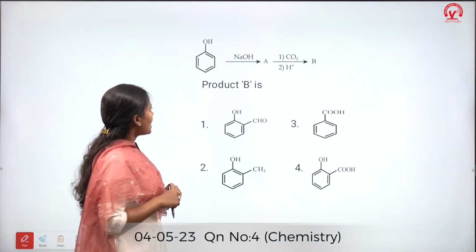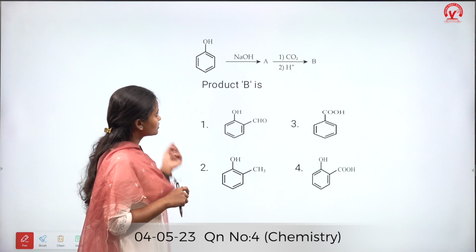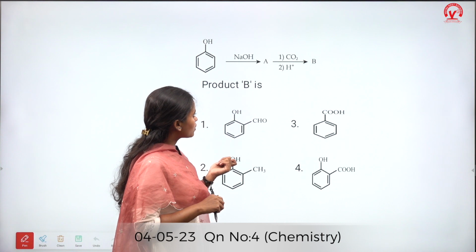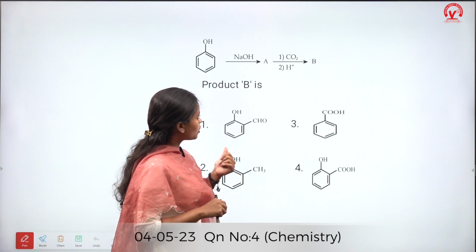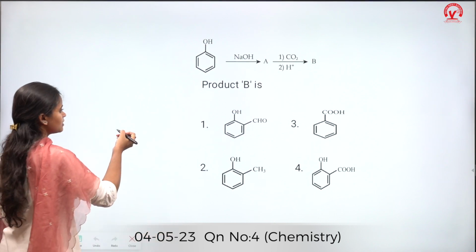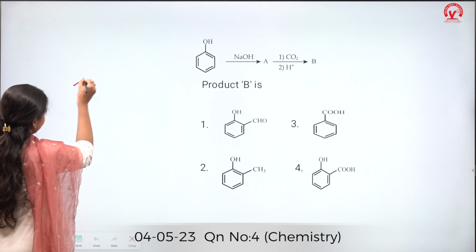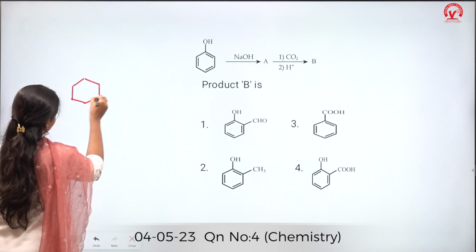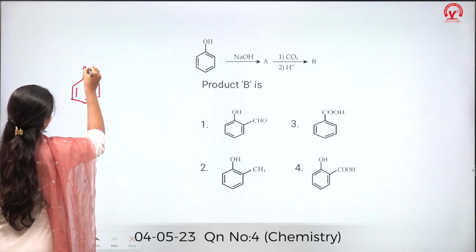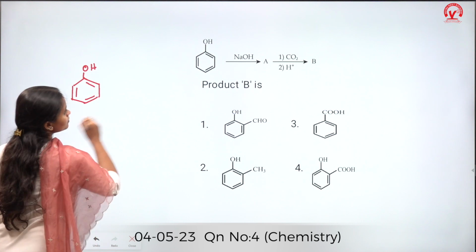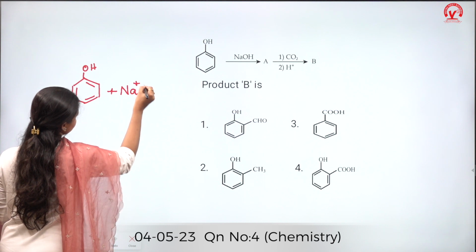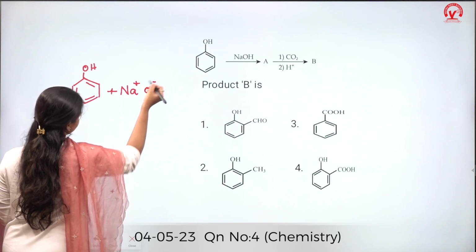When phenol is reacted with sodium hydroxide, it gives a product A, which is further treated with carbon dioxide followed by acid hydrolysis, which gives a product B. What is product B? First, there is a phenol, OH, which is reacted with NaOH, Na plus OH minus.